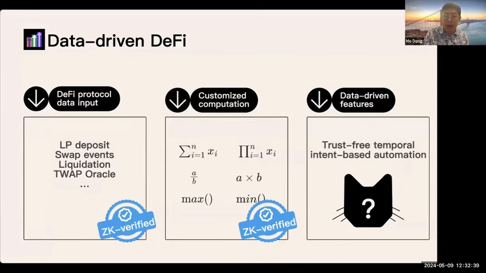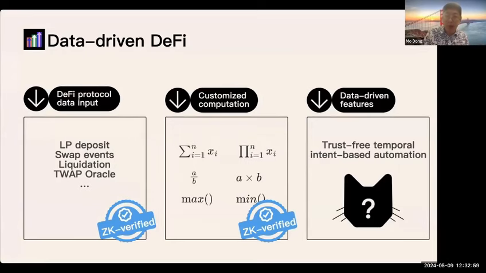You can also do trust-free temporal intent-based automation. Today, intent automation is done in a centralized way: a user specifies an intent and a triggering condition, and the automation solution carries out the intent whenever the triggering condition is met.